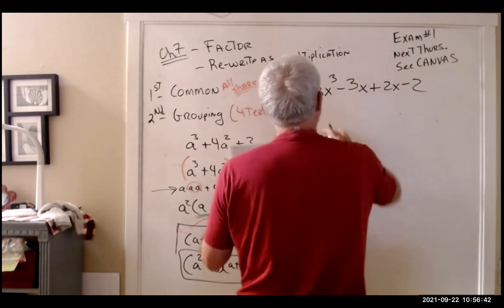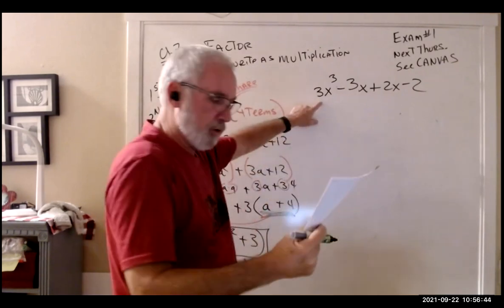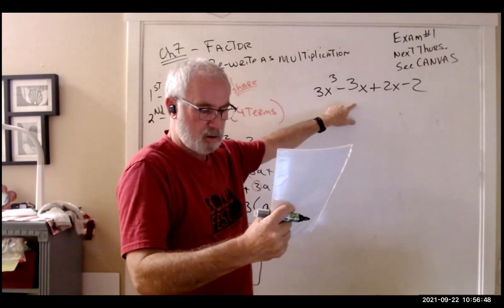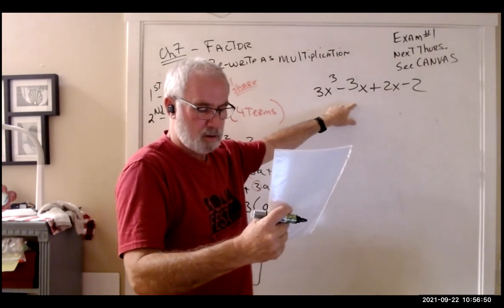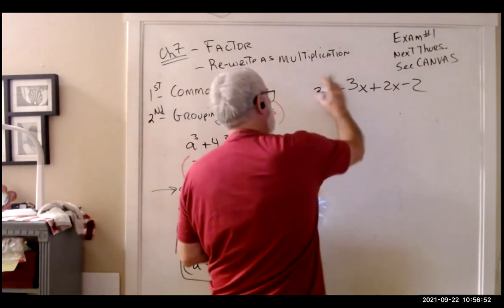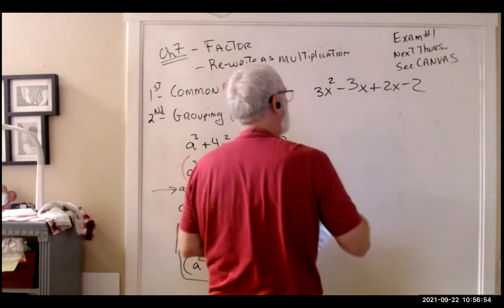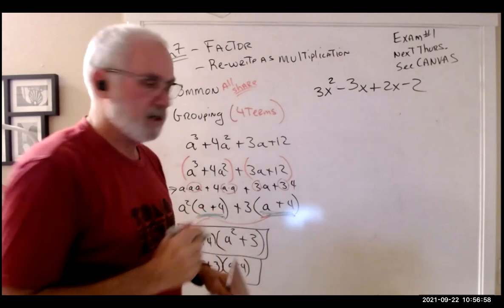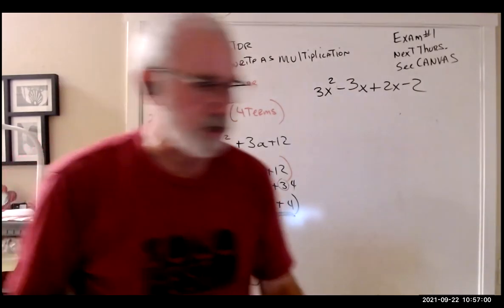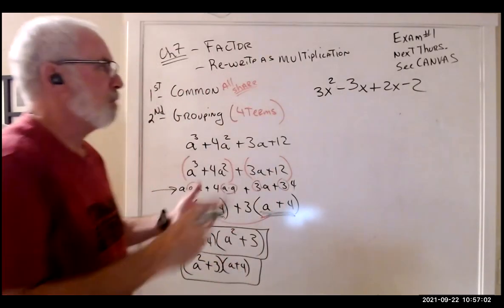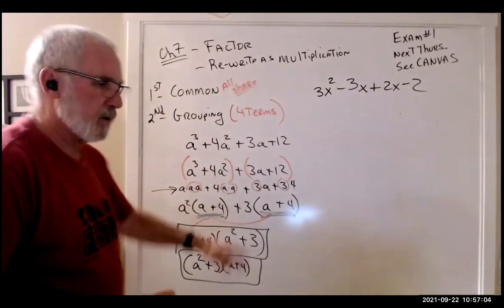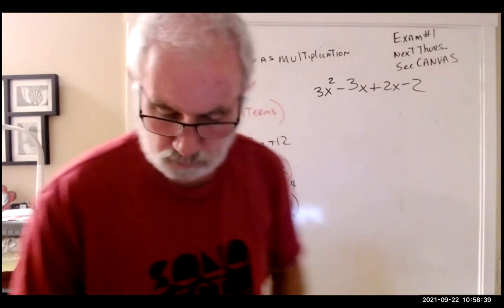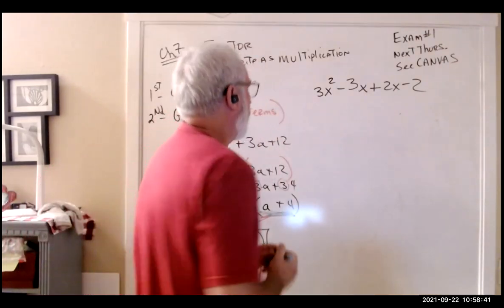So 3x to the third minus 3x. Make that 3x to the second minus 3x plus 2x minus 2. Take a second. It should more or less follow what I did here.